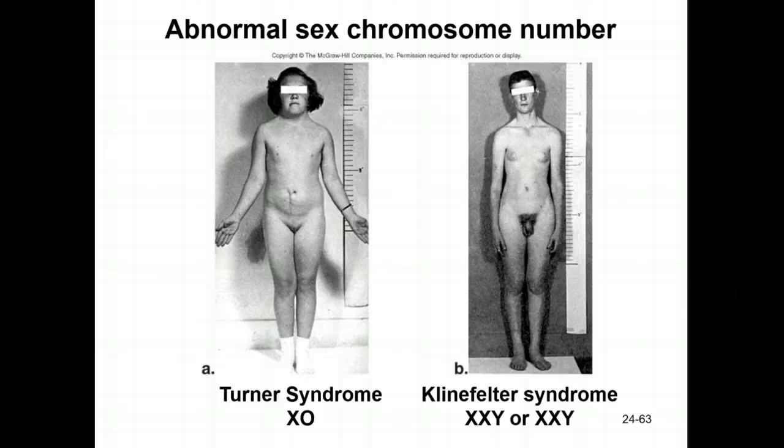During meiosis, at some point, either the egg or the sperm did not have the right number of chromosomes, and so she ended up missing an X chromosome at fertilization. Women with Turner syndrome are still considered women even though they have only one X chromosome because there's no Y chromosome.